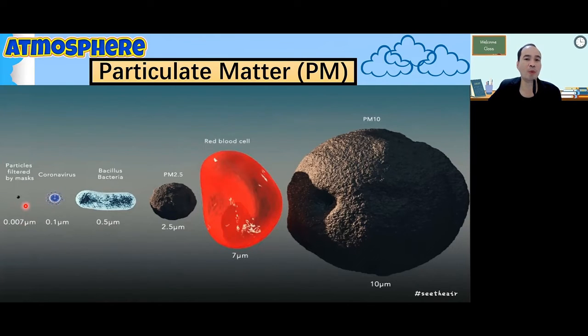Because if you just wear an ordinary mask, especially a cloth mask, like for example a mask that has a Demon Slayer design or a Hello Kitty or the Raymond design, the holes of those masks are bigger than the coronavirus. So the virus can easily enter into your body.